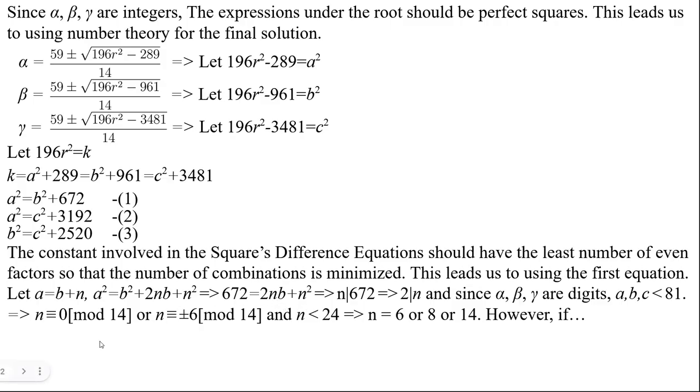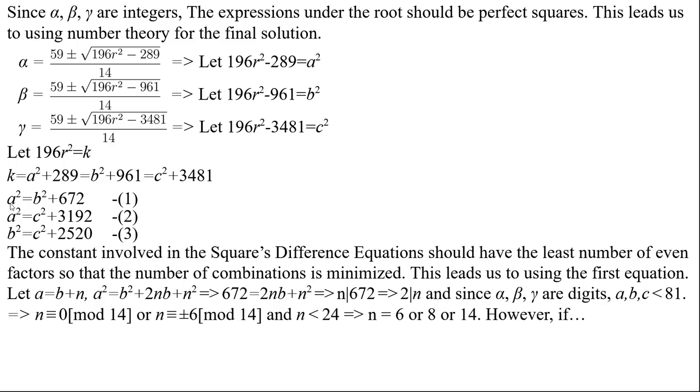So, using this piece here, n is congruent to 0 mod 14 because remember we have a square and b square. So 672 is divisible by 14.